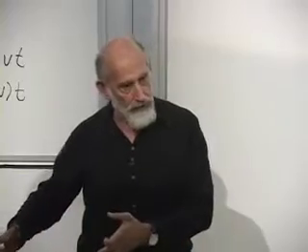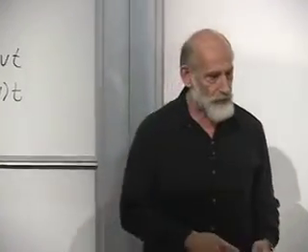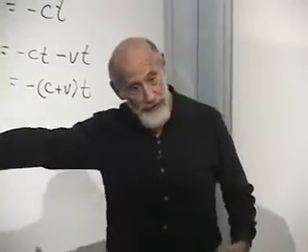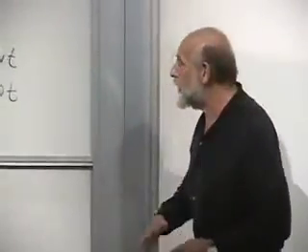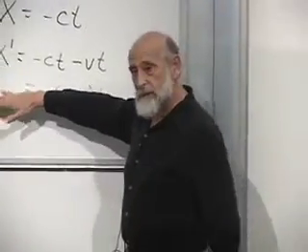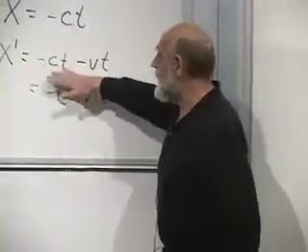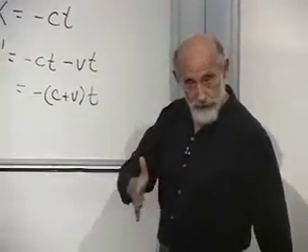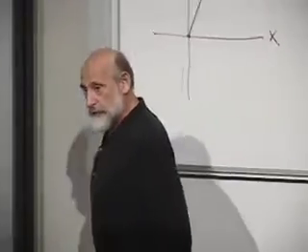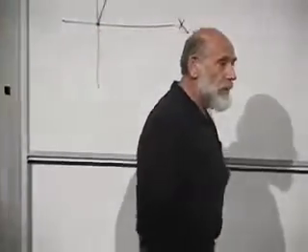They would have to be corrected in moving frames, just like the juggler who thought he had to reach to the right to collect the ball when the train is moving. The physicist interested in light beams would have to correct things for the motion of his reference frame. Now, it's an experimental fact that this is not the case, that you don't have to correct for motion. It was the famous Michelson-Morley experiment.